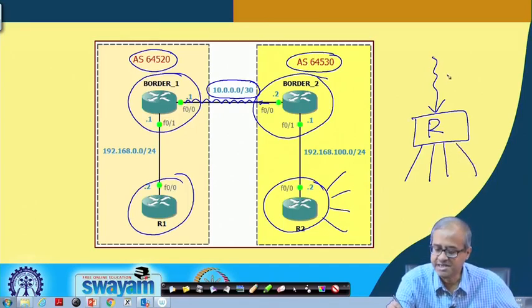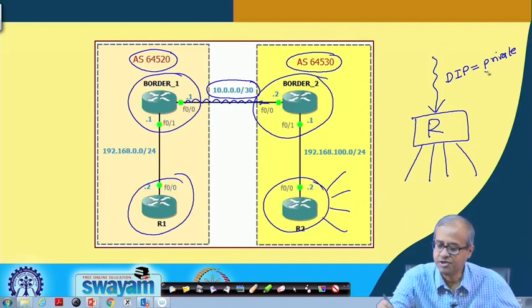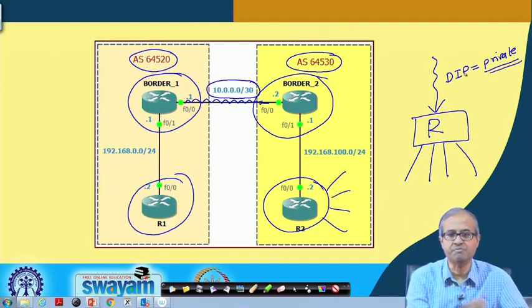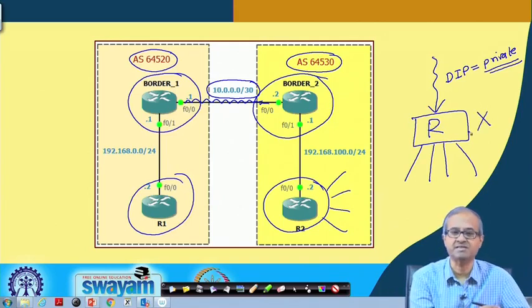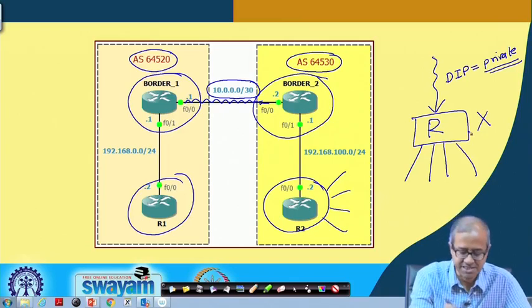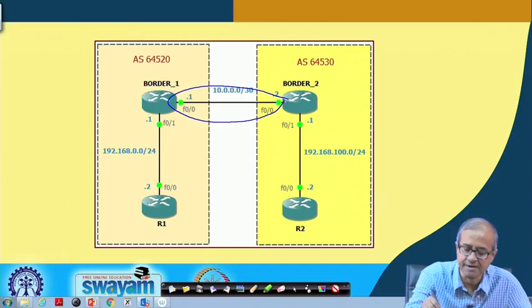Suppose you see that the destination IP address, let us say DIP, is one of the private addresses, belonging to one of the private networks. So, if your destination address belongs to a private network, then this router will simply discard this packet, it will not forward it.